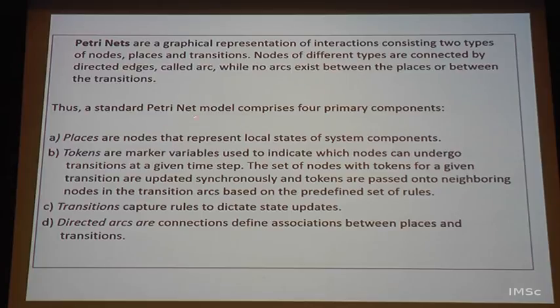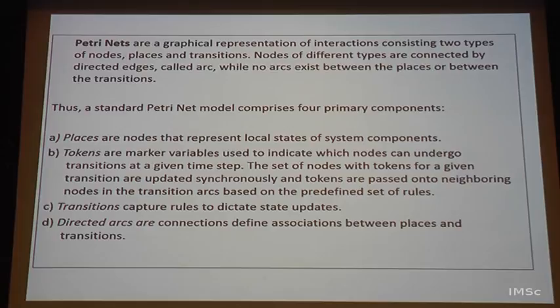A standard Petri net model comprises 4 primary components, which are places or nodes that represent local states or system components. Tokens are marker variables used to indicate which nodes can undergo transitions. If a token of a particular kind is present, a node can change its state. It can change conformation, for example, or a T cell can become an activated T cell.